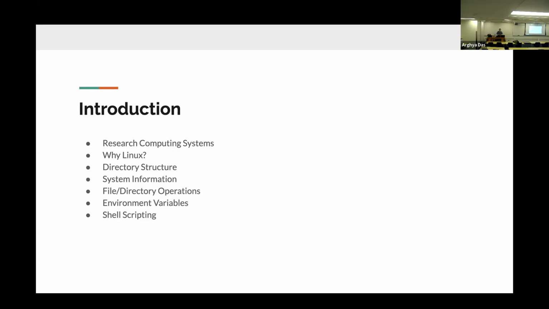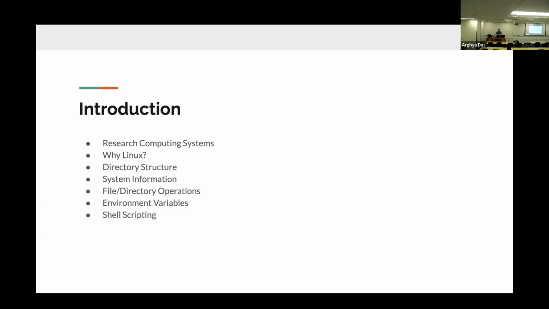So I'm going to talk a little bit about why we choose Linux, talk about the directory structure and file layout on Linux, and then talk about how you can get system information from the command line, file and directory copying, removing, deleting, those sorts of operations.